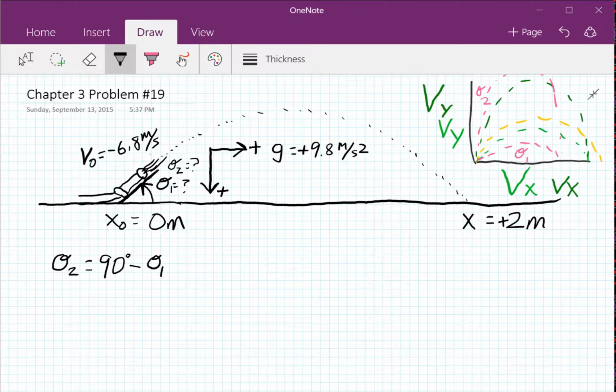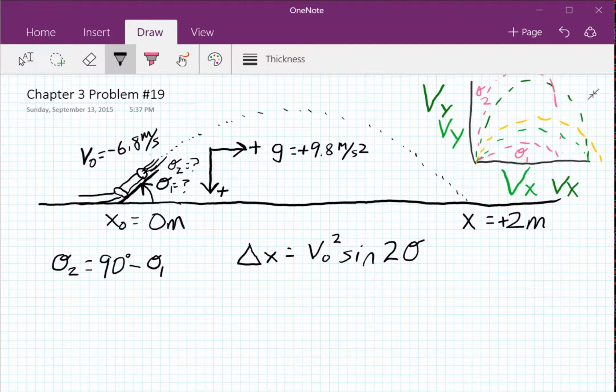Let's see, we have all of our values in the correct units. We have the correct signs on our vectors. So you basically just need to identify the equation. I've already told you it's the range equation. So the range equation is delta x equals the initial velocity squared times the sine of 2 theta.